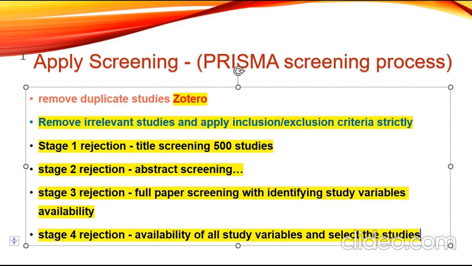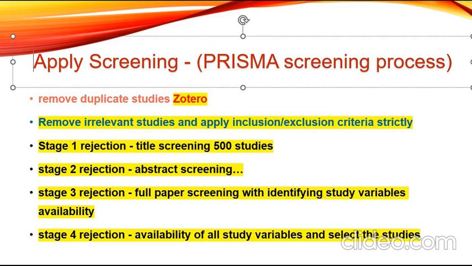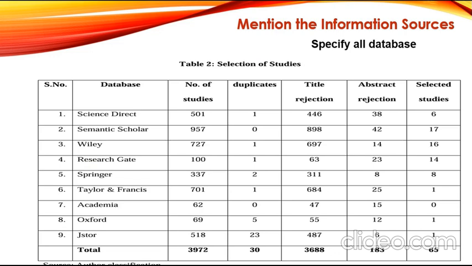So if you've done all these processes, how can you present this process transparently? See, this is the outcome of your literature search process.